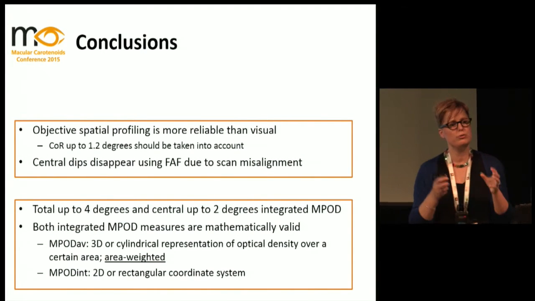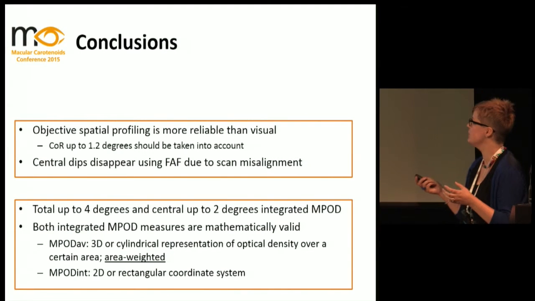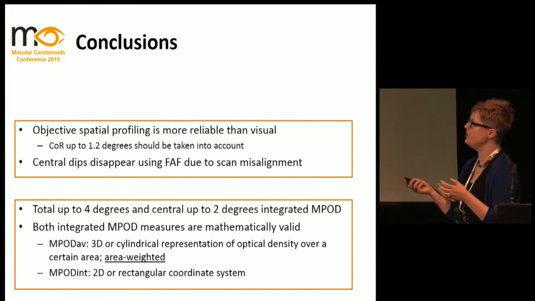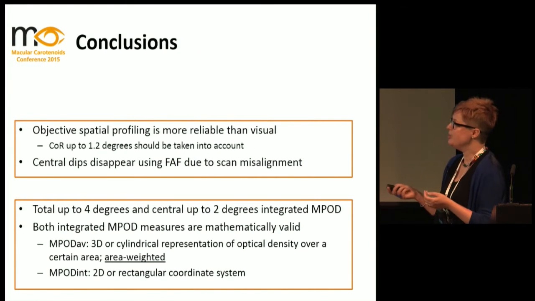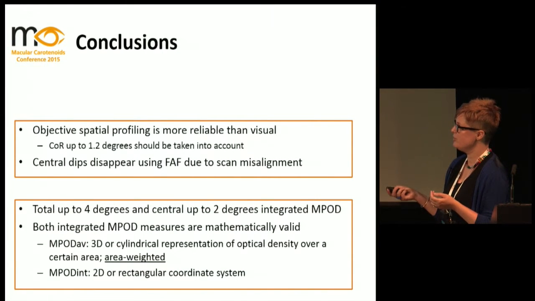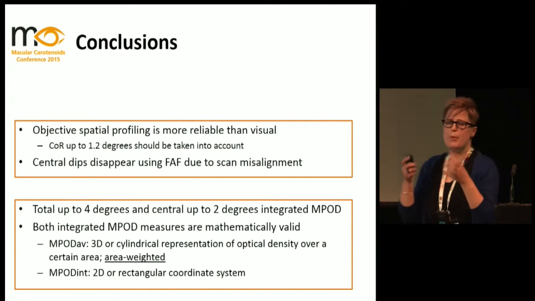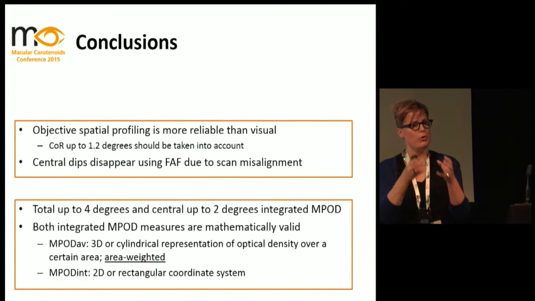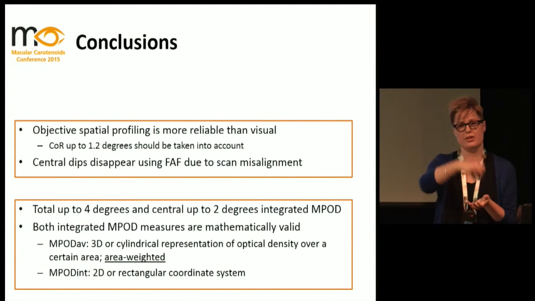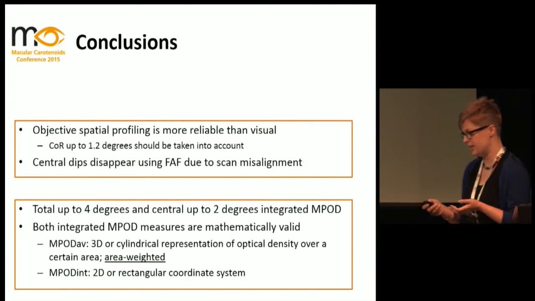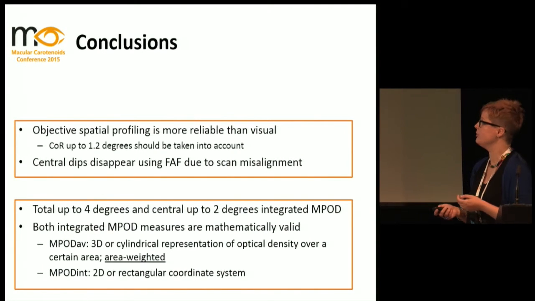But what I do want to propose is that we start using either up to 4 degrees if you want to go for total, or central up to 2 degrees. And you can choose, obviously, if you want to do integrated or an average of an area weighted or integrated. But really, if we start reporting these results, we can actually start comparing between our studies. And I really think that is the future.